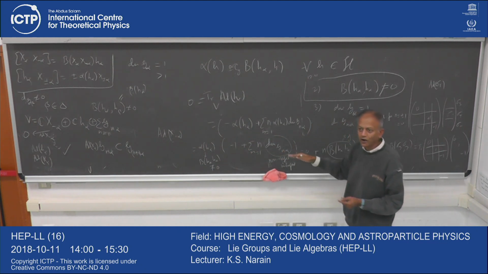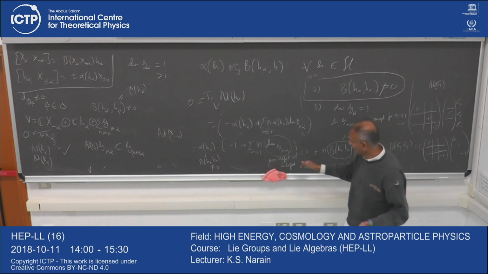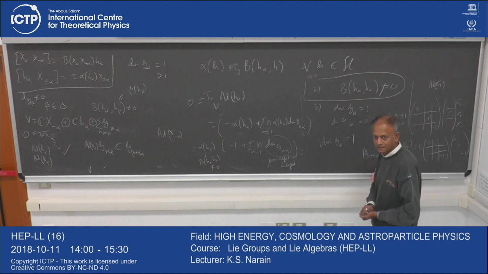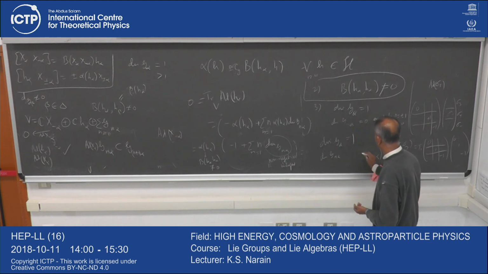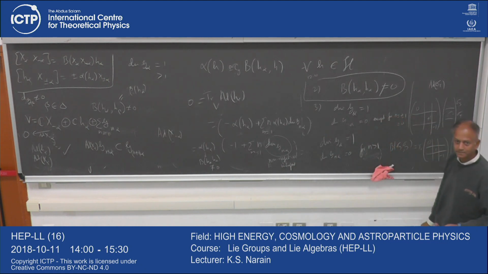The rest of them are all non-negative numbers, so they better be 0, right? So therefore, from this you arrive at an important conclusion that dim G alpha is 1, and dim G n alpha for n greater than 1 equal to 0.